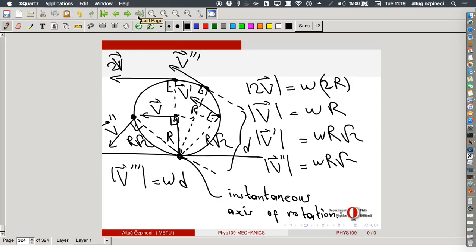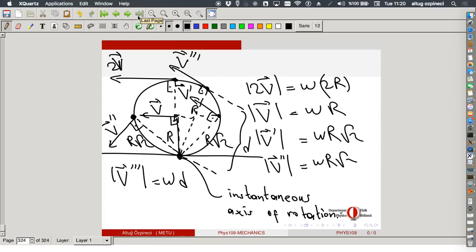It's just like which axis you choose. It's just like the reference frames. You see, as long as you are using inertial reference frames, acceleration is always the same. Velocities might differ, but acceleration is always the same. Just like that, whichever axis of rotation you choose to describe your motion, the angular velocity of an object is independent of your choice of the axis.